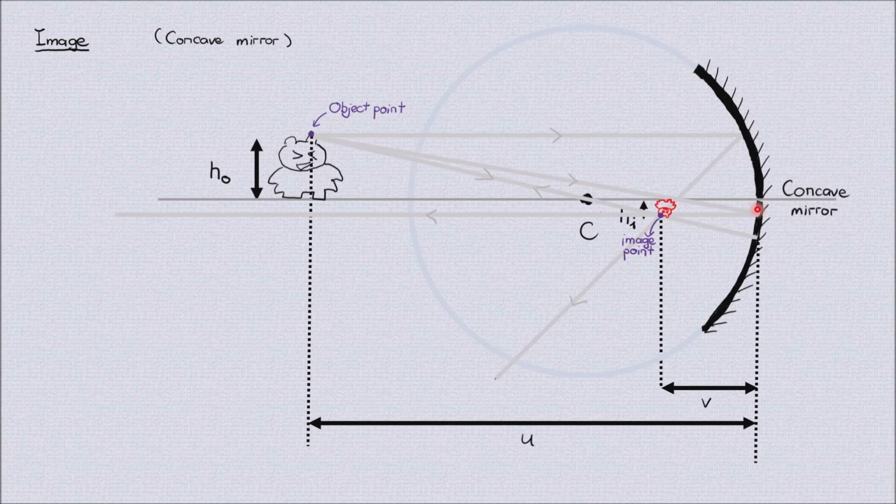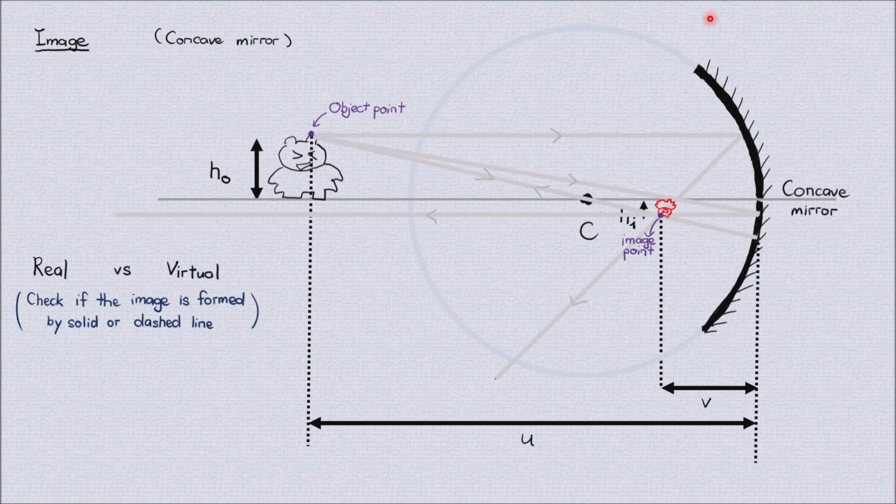When we manage to figure out the image, it's also important for us to elaborate on the characteristics of the image. I believe you have remembered those, magnified, diminished, all those kinds of things. So let's analyze it one by one. The first characteristic you need to analyze is whether it's a real image or a virtual image. A real image is formed if the intersection is formed by solid lines.